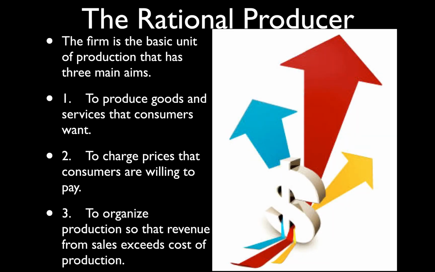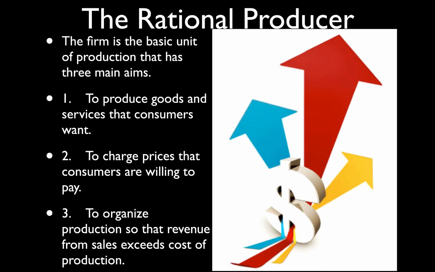And finally, the main important goal of firms, as we say in economics, not always, but with the concept of homo economicus, the perfect rational thinking individual, is to organize production so that revenue from sales, the amount of money that a firm receives from selling its stuff to you and I, exceeds cost of production. That essentially means to make a profit. So those are the three aims of a firm.